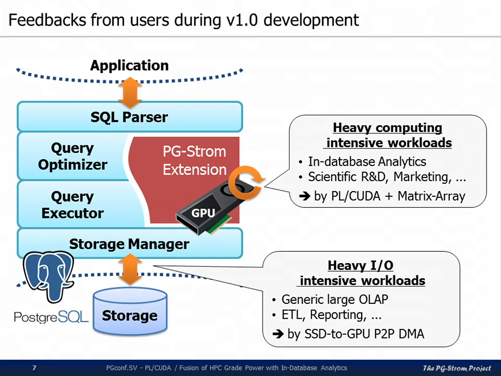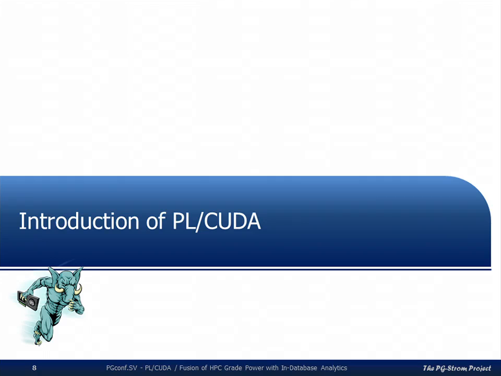Once we have to fetch data from a storage system, it eliminates the advantages of the calculation stages. So we also added another feature, that is SSD to GPU direct DMA. That is not today's topic, so if you're interested, please ask me privately. So let's move to today's topic, PL CUDA.